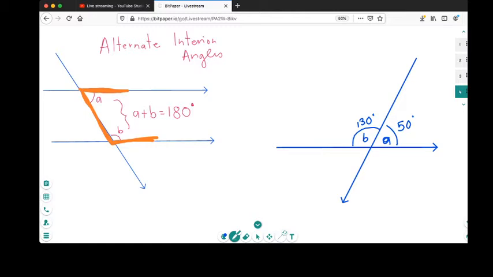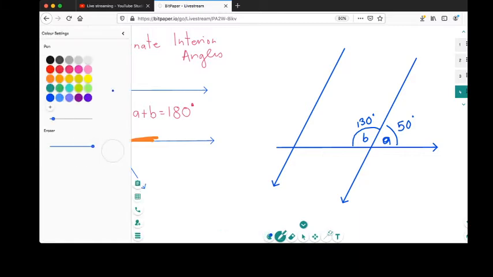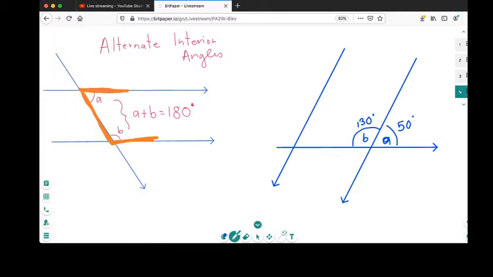Well, let's now, just for the sake of it, pretend that we have an exactly parallel line coming in. And as you can tell, this creates a C rule. This is an exactly parallel line to this first line that I used. So again, now because it's exactly parallel, the rule follows the exact same thing, because this is again going to be 50 and this is going to be 130.